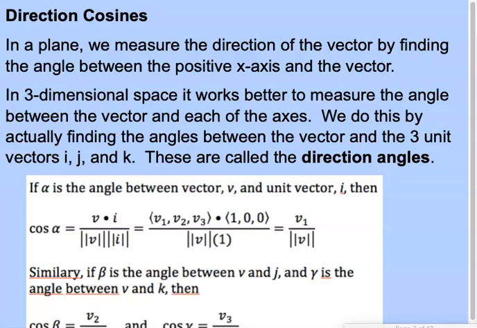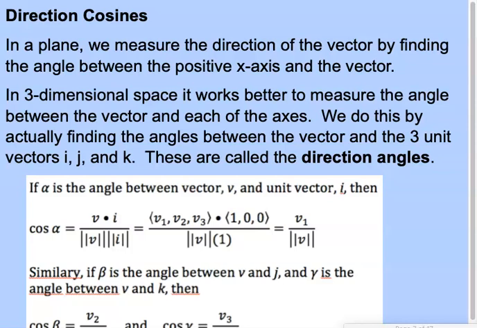Say the vector is like here. I can move it so that it starts at the origin. Any vector can be moved so it starts at the origin, because technically you're not moving it, it just is. A vector just exists. So here we go, starting at the origin.